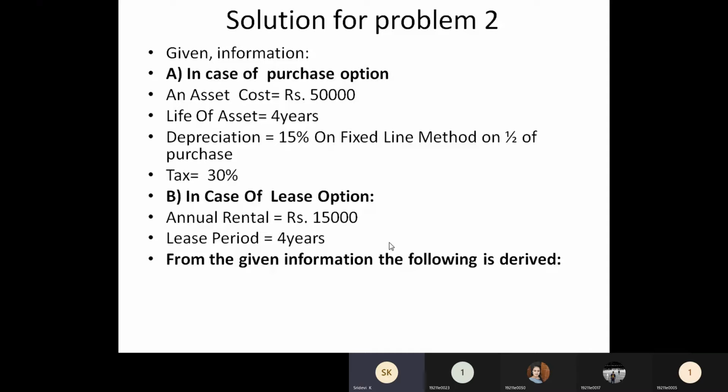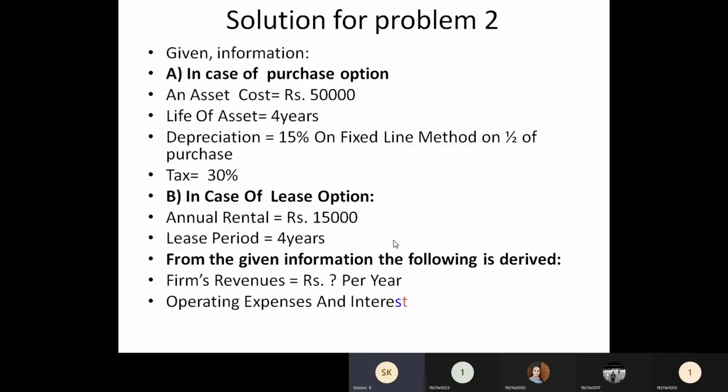And we need to derive from this information what is the firm's revenue per year that you have to calculate, and how much interest they are going to pay per year, that we need to calculate, and what is the cost of capital, that is also not given in the problem.